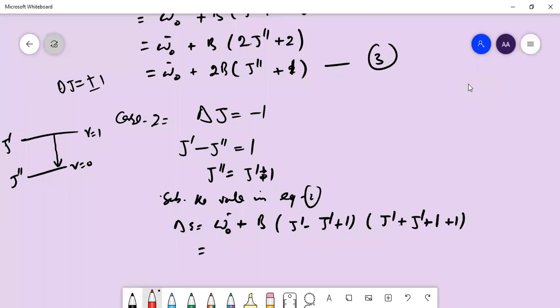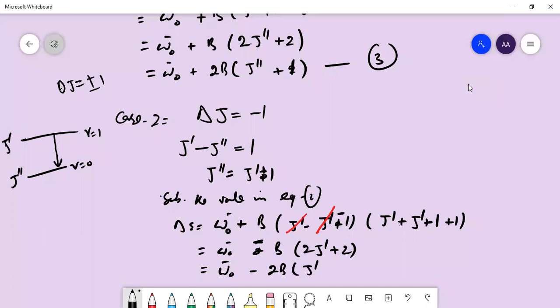Upon further solving, we have J dash plus and J dash minus, so we can cancel these two. What will remain here is omega naught bar plus B into 1, it will be B, and again this is minus 1. Omega naught bar minus B J dash into, it will be 2J dash plus 2. So the equation will become omega naught bar minus 2B, taking common, (J dash plus 1). So this is our equation number 4.